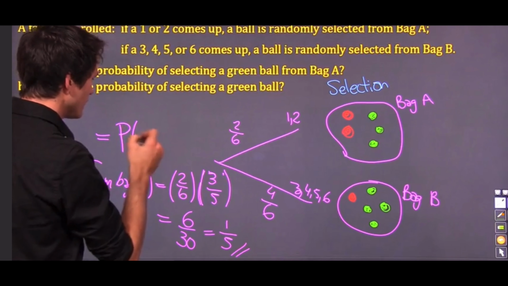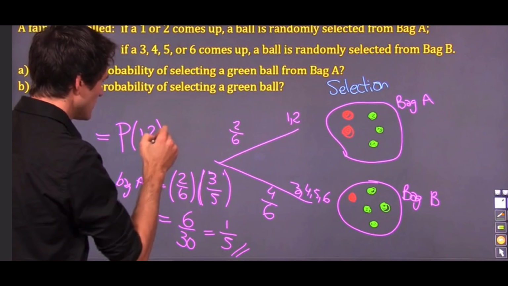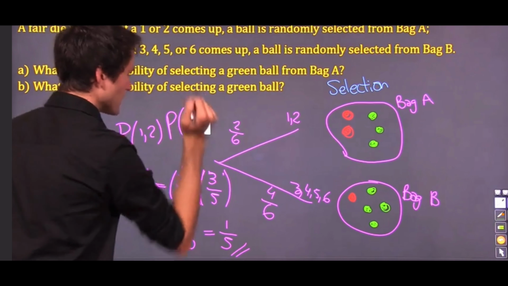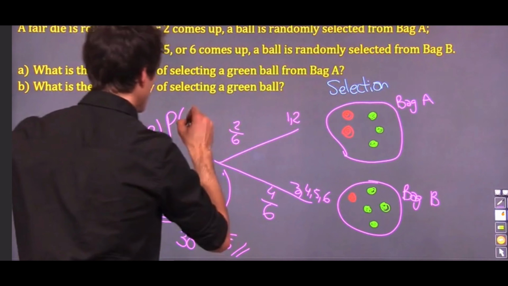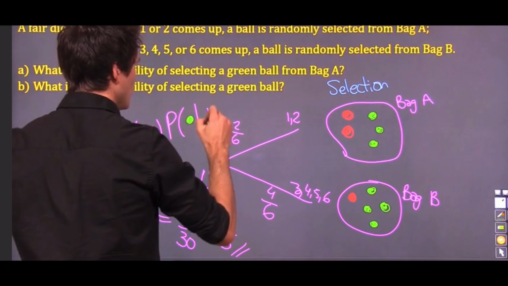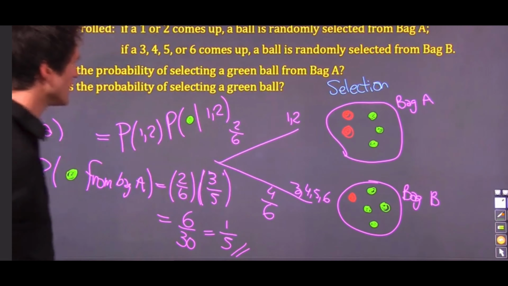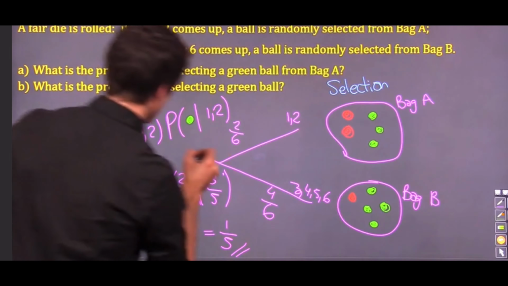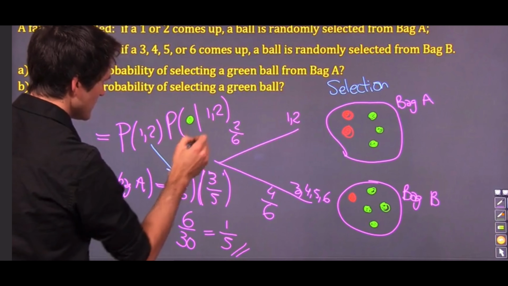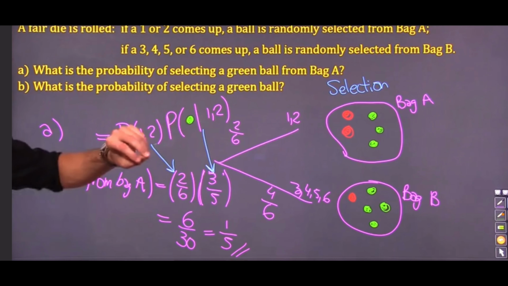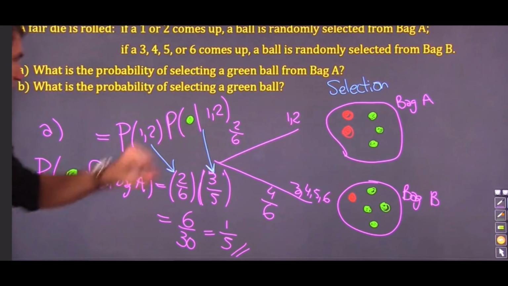So it's the probability of 1 or 2, times the probability of a green ball, given that you got a 1 or 2 on your first roll. See? This here corresponds to that, and this here corresponds to that. That's why this formula works so well. That's where it comes from.